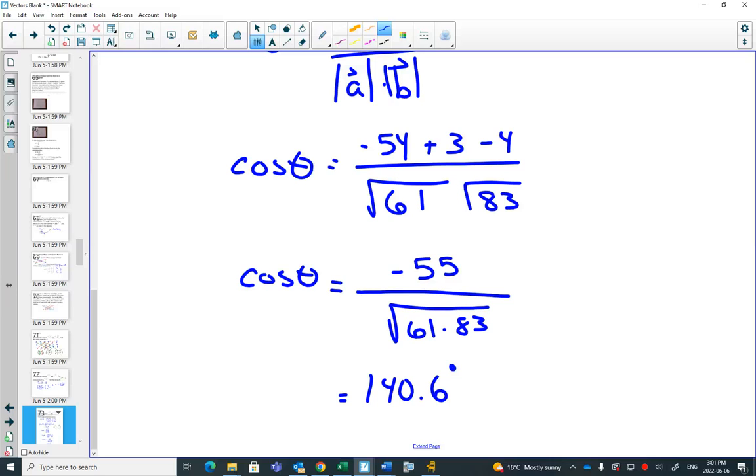So had we used the cross product formula, you probably would have got 39.4 degrees and not been able to tell, oh, should I use that or should I use, well, first of all, you'd probably just go, ooh, I got an angle, and stop. That's the typical student response when they get an answer. I got an answer, I'm going to stop. So this is why using the dot product to find an angle is better.